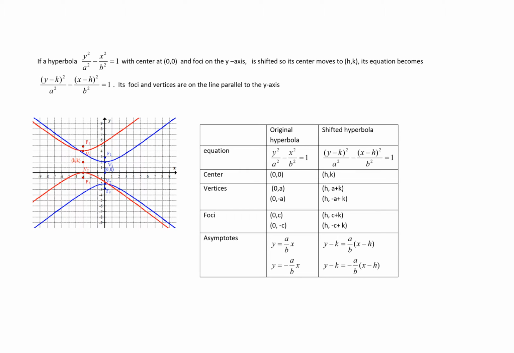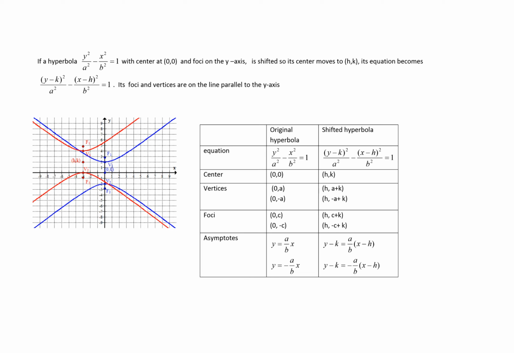In the same way we discuss hyperbolas with foci on the x-axis, we can approach hyperbolas with the foci on the y-axis. Really, the only difference is the form of the equation. Now our equation is y squared over a squared minus x squared over b squared is equal to 1, and it's going to change into (y minus k) squared over a squared minus (x minus h) squared over b squared is equal to 1.